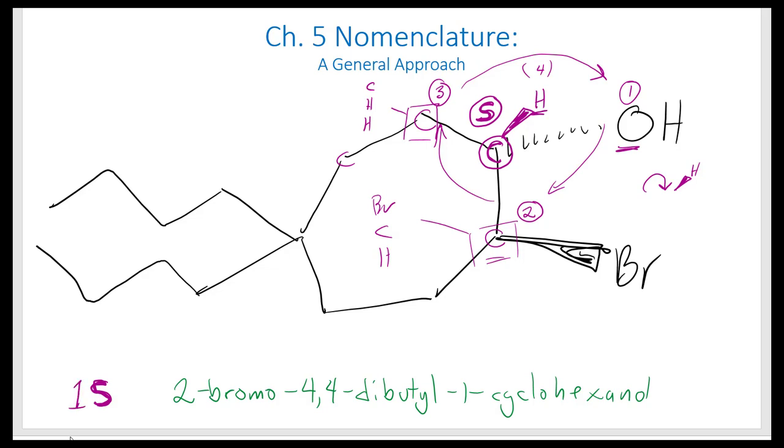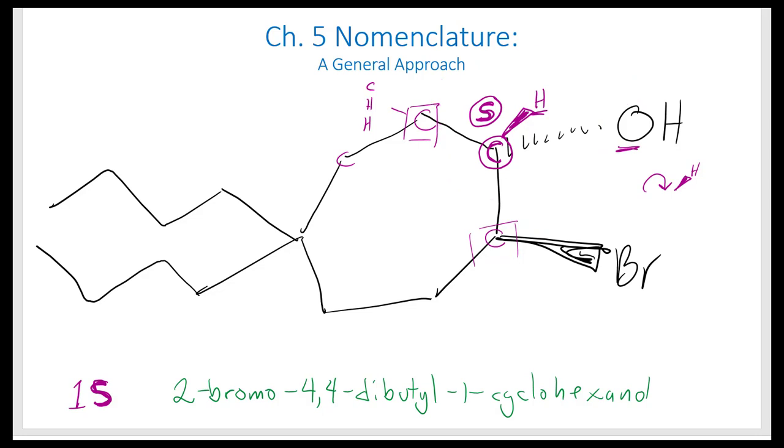Now let's clear up a little bit of our notes so that we can focus on the other chiral center, which is the carbon that bears the bromine. And we'll mark that one in blue. And on this carbon, of course, we've got a hydrogen that's not drawn.